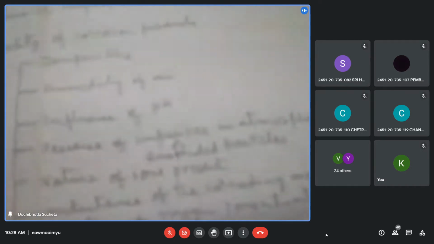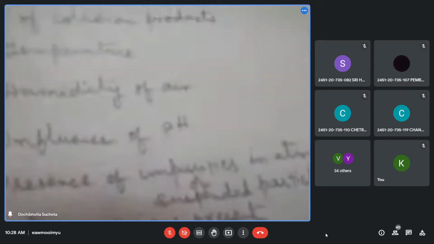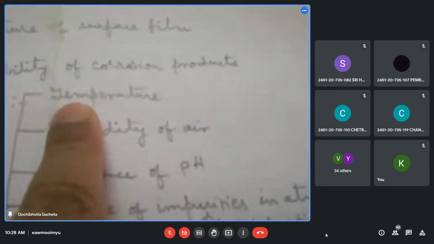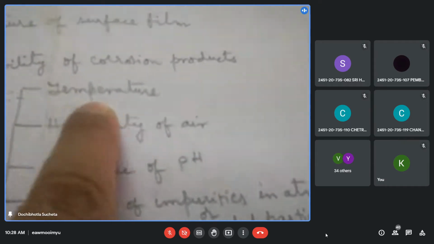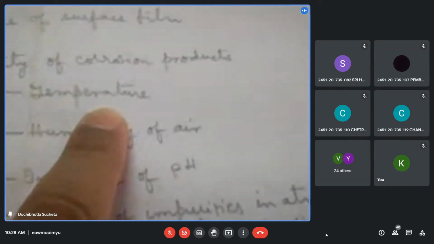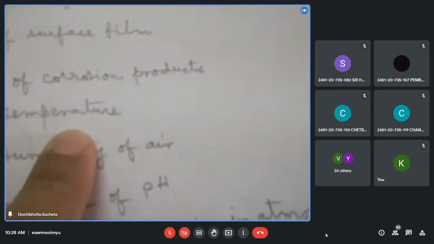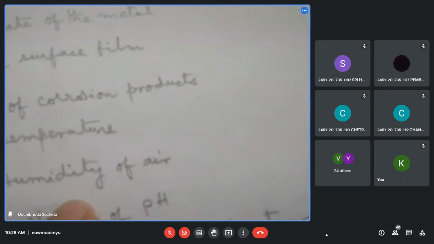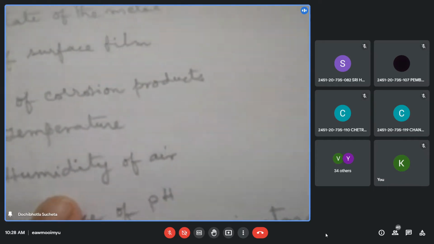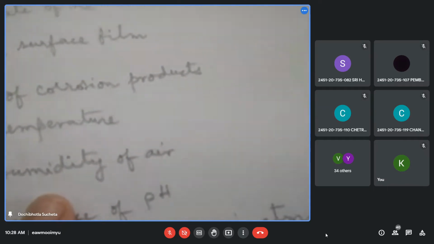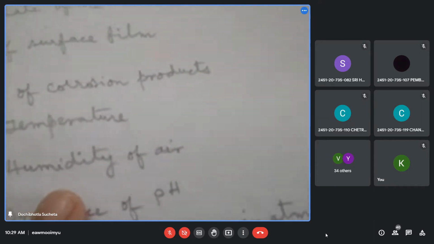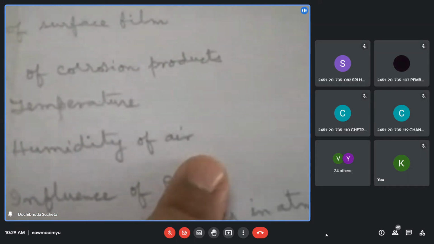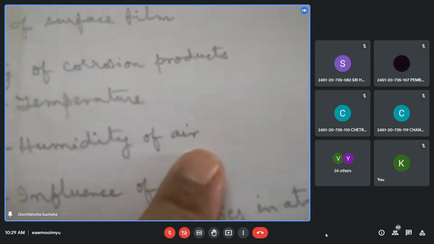Under that, the first one is temperature. Please, kids, don't take this lightly. This flowchart has to be present with you. Do write it; don't think that you have notes on hand. This is important. Temperature. Next, humidity of air.